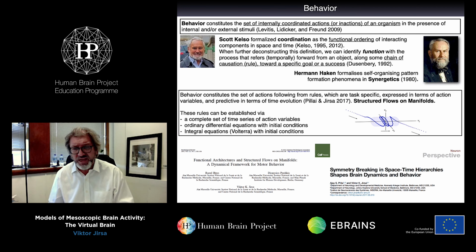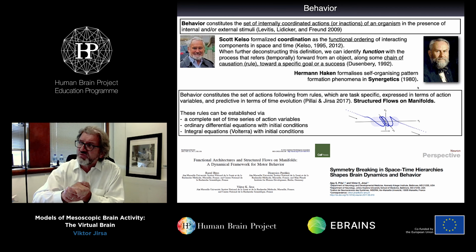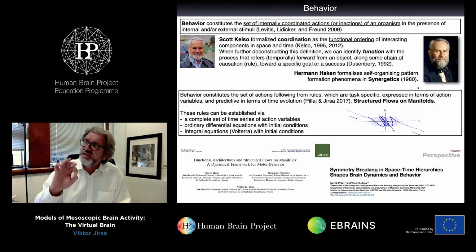Hermann Haken in the 80s developed it in the theory of synergetics. What he applied is a mechanism of proximity to bifurcations, employing a theorem which we call the center manifold theorem. So when you're close to a phase transition, from one behavior to the other, you have this reduction to low dimensional manifolds. What we did here with structured flows on manifolds, we actually linked it to the principle of symmetry breaking in the topology of a network.